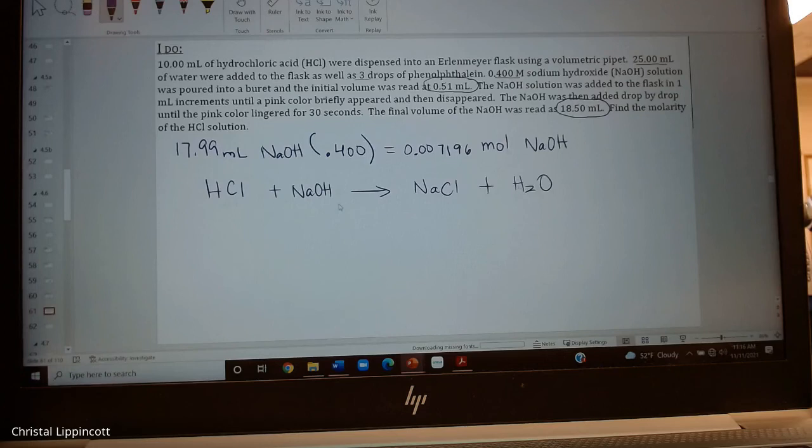So that means these are all ones, everything's a 1. That means that if I had this many moles of NaOH used, how many moles of HCl would I have had to use? The same, okay? So 0.007196 moles of HCl were used.